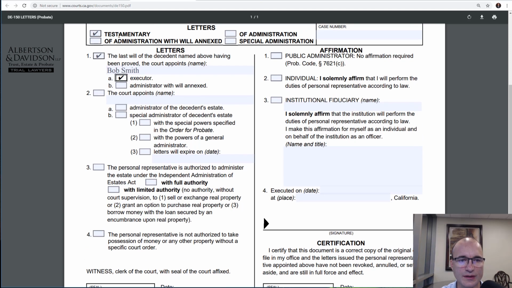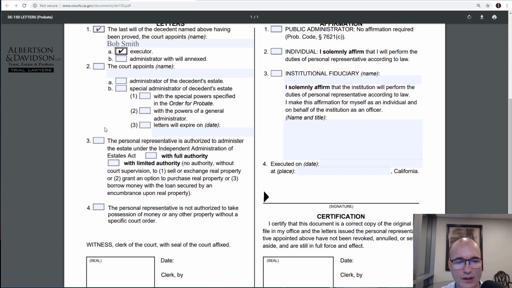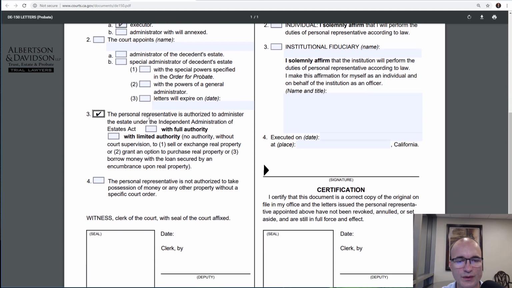We're doing testamentary, so we're always going to be on number 1 because Bob is an executor. Or if there's a will, then it's going to be administrator with will annex. 2 only applies if there's no will, so it's an intestate estate, or you're doing a special administration. And then down here, the personal rep is authorized under the Independent Administration of Estates Act with full authority.